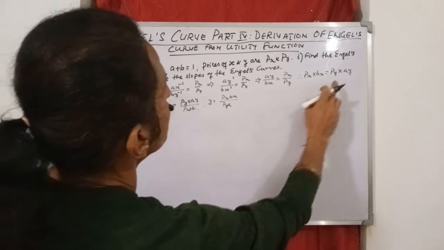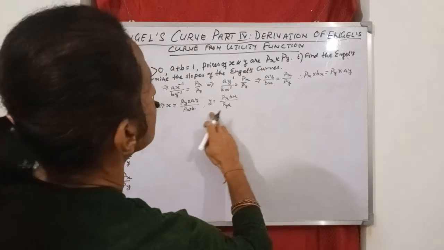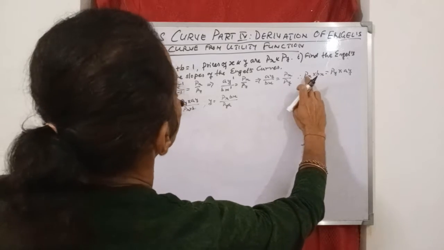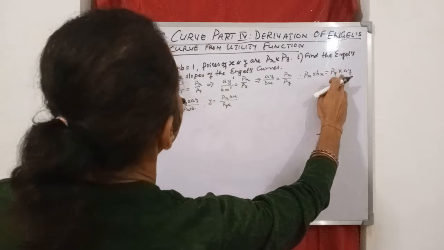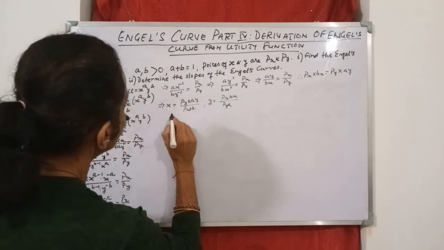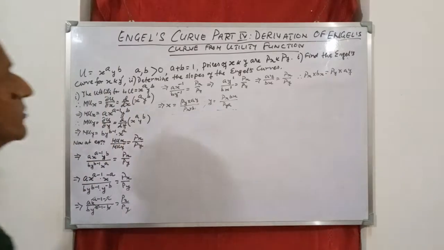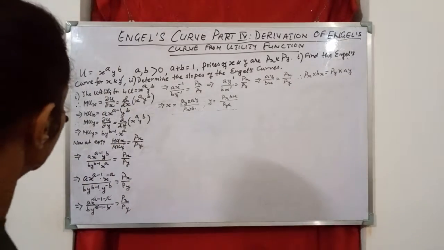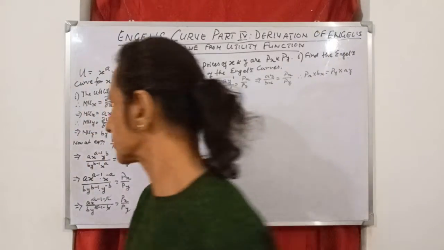Here x equals py into ay divided by px into b, and y equals px into bx divided by py into a, right? So we have computed the value of x and y by equating the ratios of marginal utilities with ratio of prices.